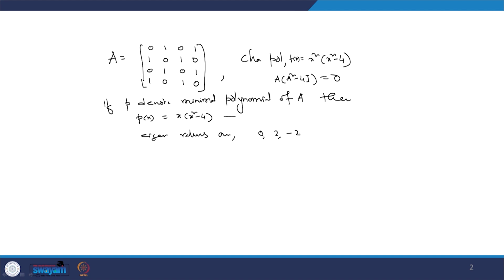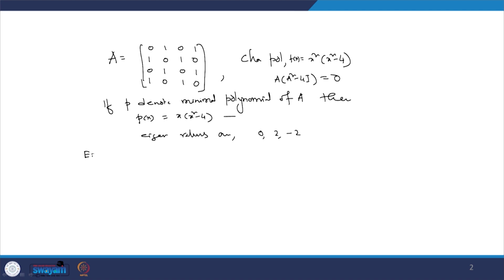According to that theorem, p(x) has to be x minus 0 into x minus 2 and x plus 2. We have also seen that here, fine. Now let us quickly calculate the eigenvectors related to eigenvalues 0, 2 and minus 2.